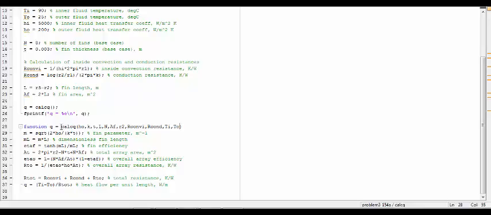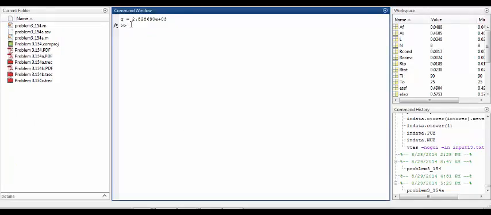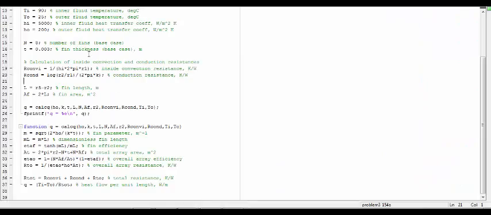So we'll bring all of these values up to here. And we'll test it by running it again. Sure enough, we still get the same values.